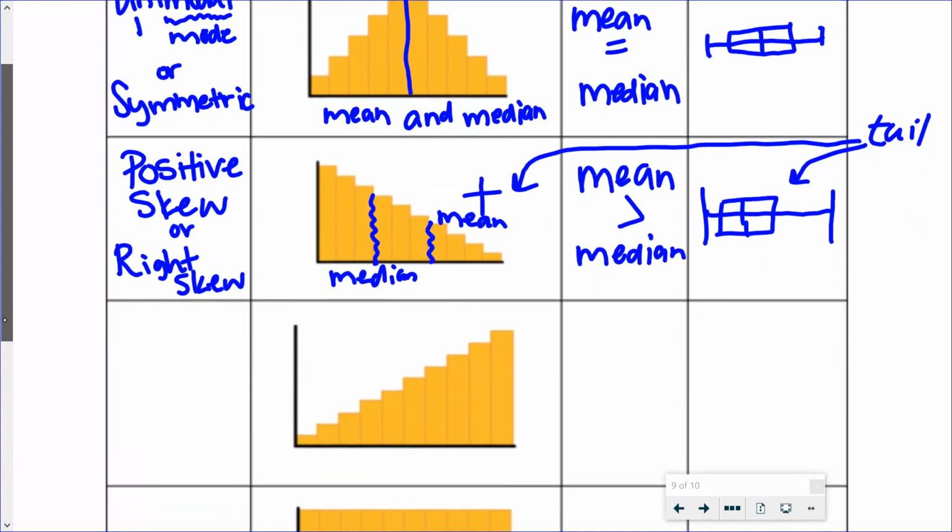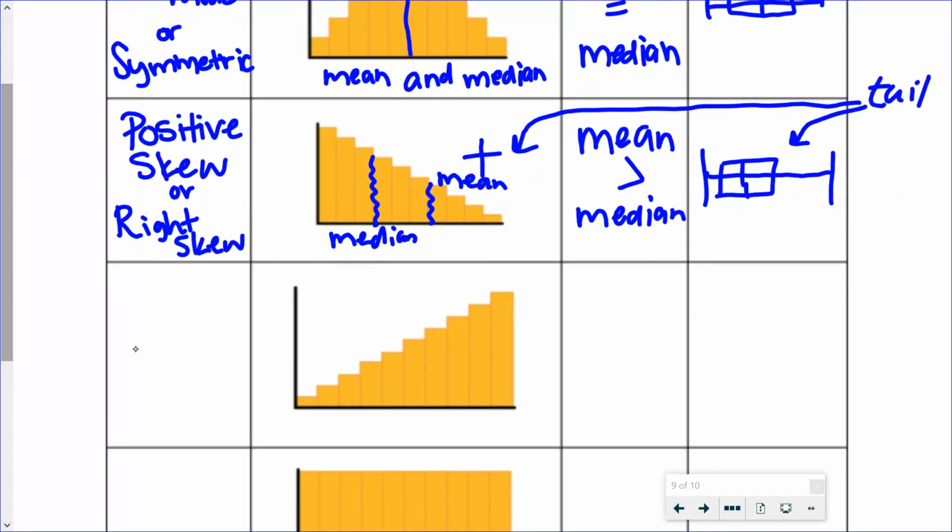You can imagine that this graph below, where it's going up, up, up, up, up, is the opposite. So that is called a negative graph, or a negative skew, or a left skew. In this case, the tail is on the negative side. Okay, remember this is our tail where there's less data.